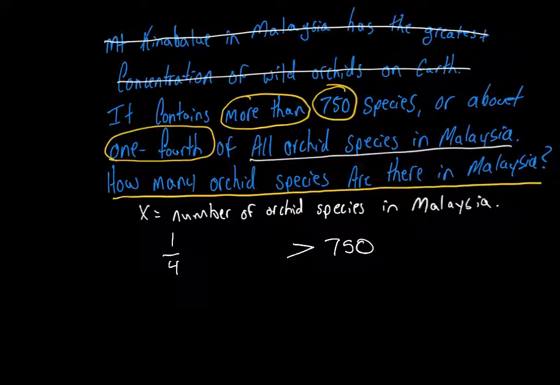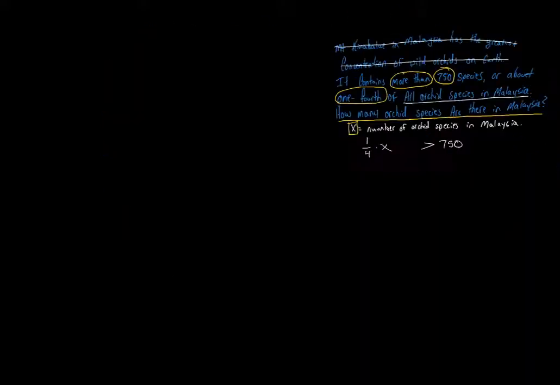Remember at the beginning of the problem I assigned X to be the number of orchid species in Malaysia. I'm going to let that be X, and put that here. And there's my inequality that I need to solve.